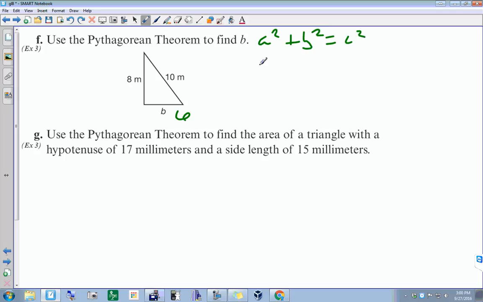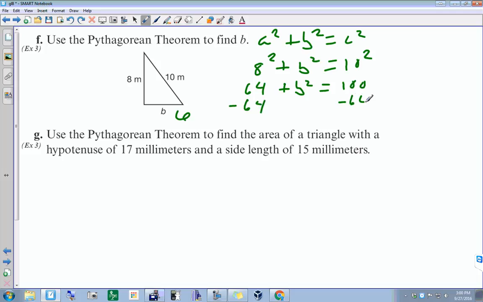In this case, 8 squared plus b squared is equal to 10 squared. 64 plus b squared is equal to 100. Subtract 64, subtract 64, and I get b squared is equal to 36. So b is equal to 6.